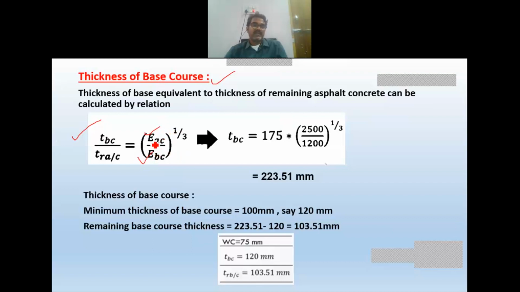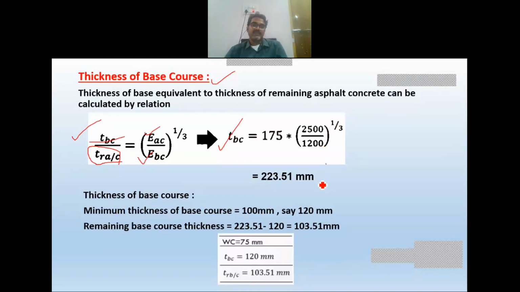Now the elastic modulus of asphalt layer is given in the problem, the elastic modulus of base course is given in the problem, and the remaining thickness of asphalt concrete is already calculated in the previous step. Now the only unknown is T_BC. Thickness of base course is equal to 175, that is this one, multiplied by 2500 by 1200 power 1 by 3, which works out to be 223.51 mm.